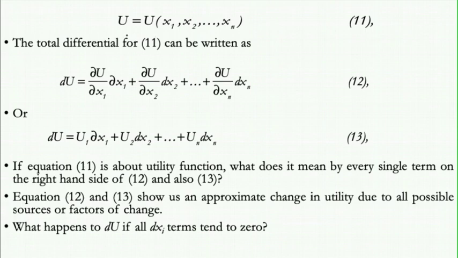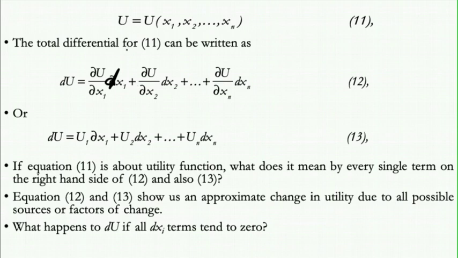Now, if we look at the application of n independent variables, u as a function of x1, x2 until xn. What is u? U is basically total utility. If you have utility, your self-satisfaction, you consume many goods, let's say good x1, good x2, good x3, and so on. Let me do a correction here: this one should be d instead of delta.